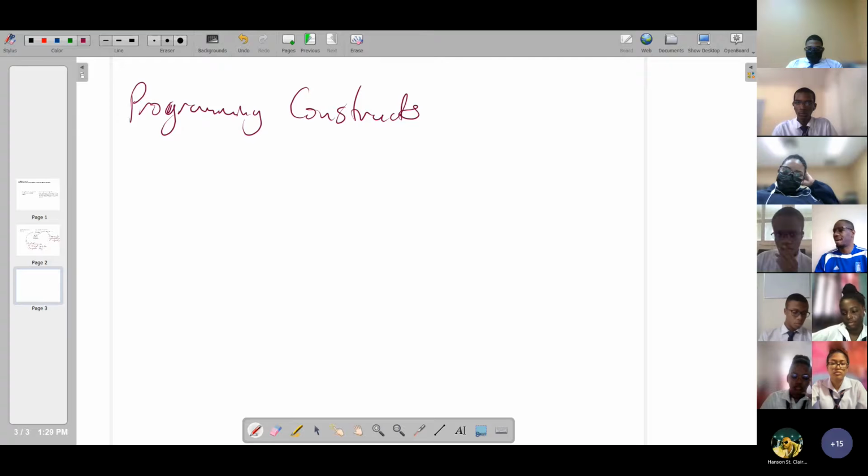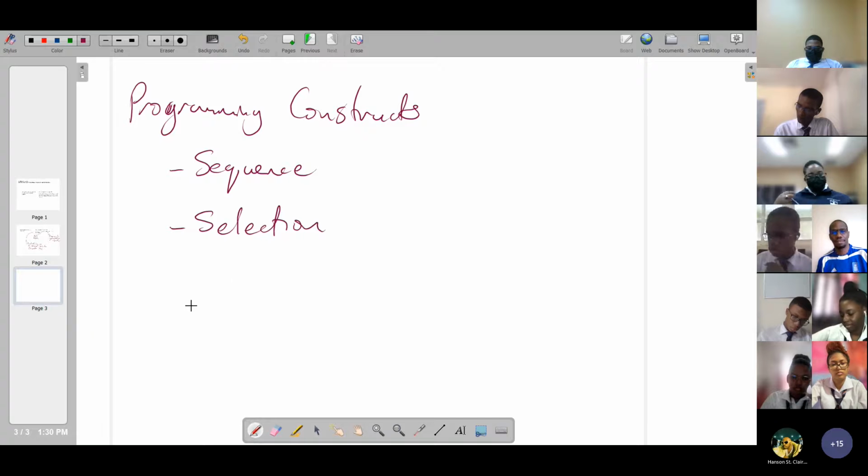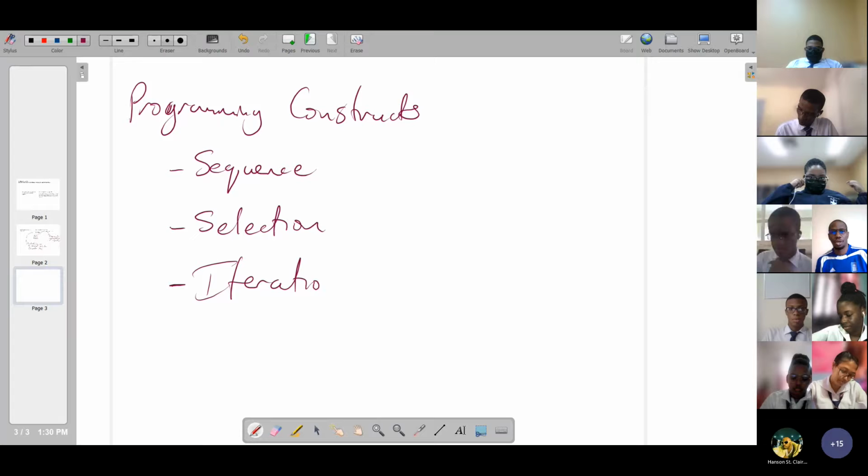Yes. So we have sequence, we have selection, and the last one, does anybody remember the proper name for iteration? So we have sequence, selection, and iteration.